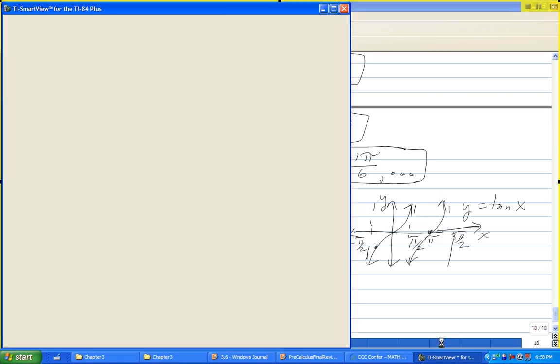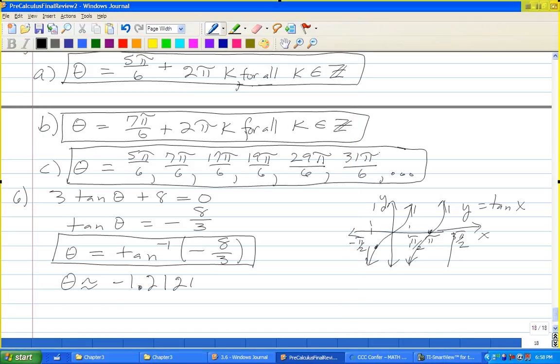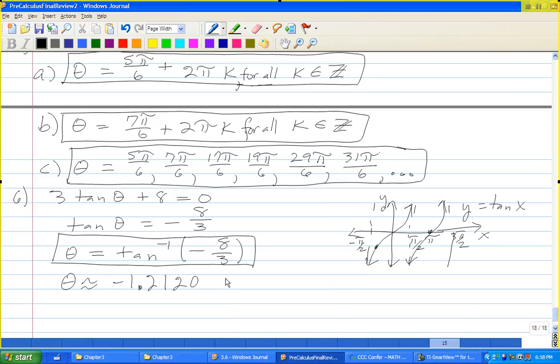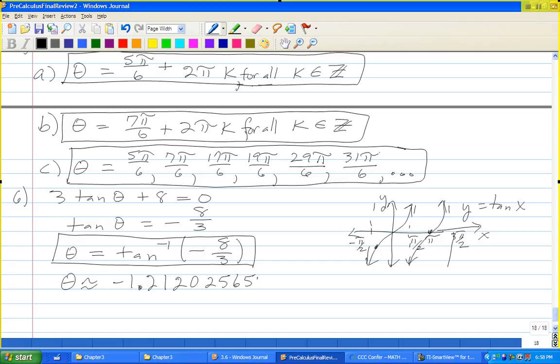Negative 1.2125657. So tangent of that will give you negative 8 over 3.